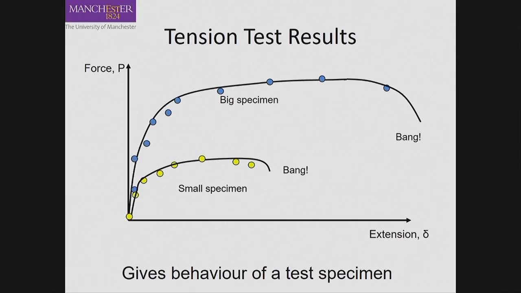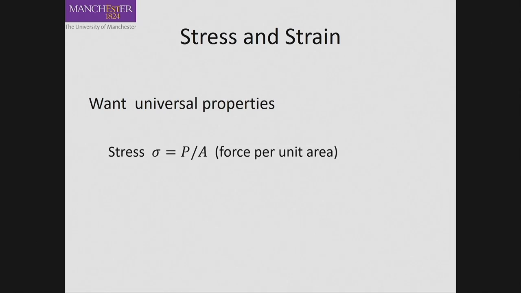A much better way is what Thomas Young proposed: instead of plotting load versus deflection or displacement, you convert the load to stress. You divide load by the cross-sectional area, because the load is acting perpendicular to the cross-sectional area. More cross-sectional area means it can take more load.